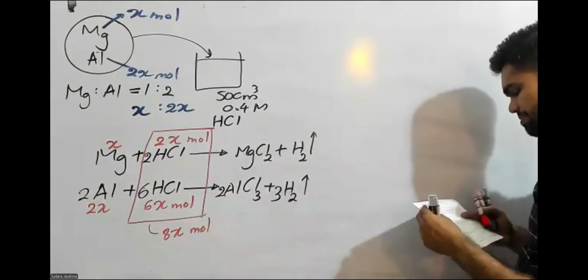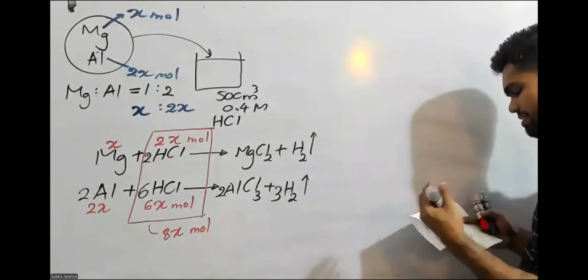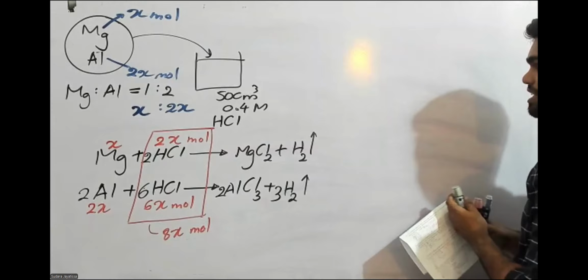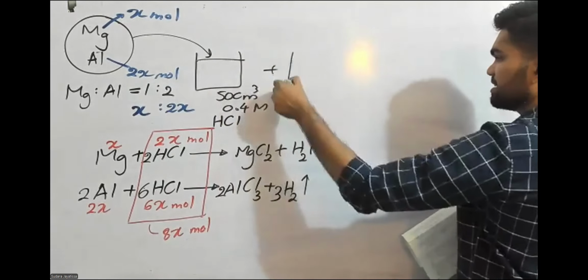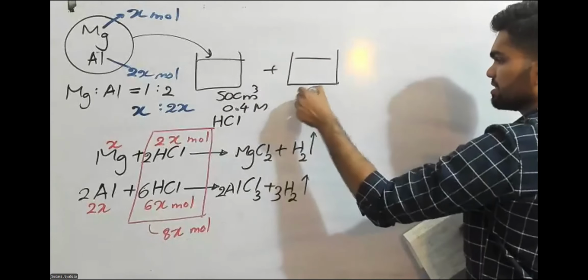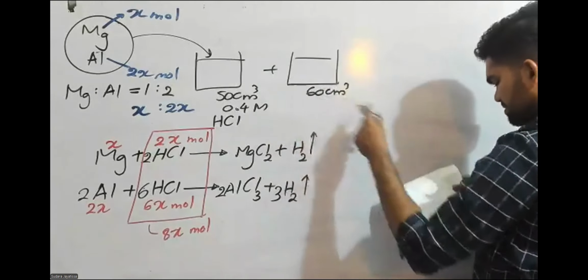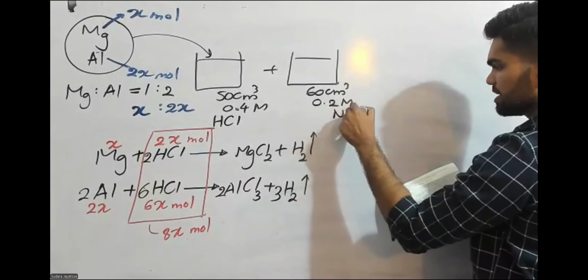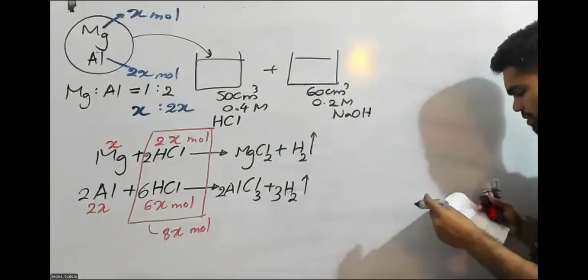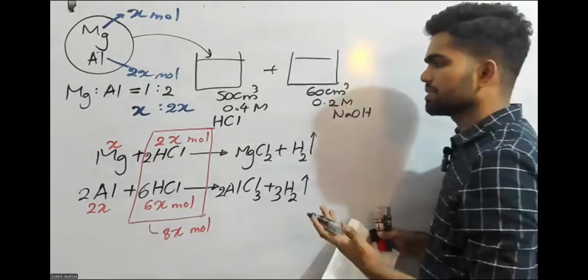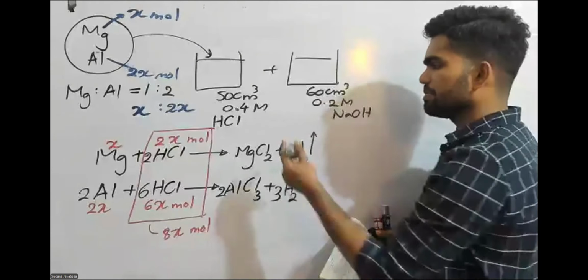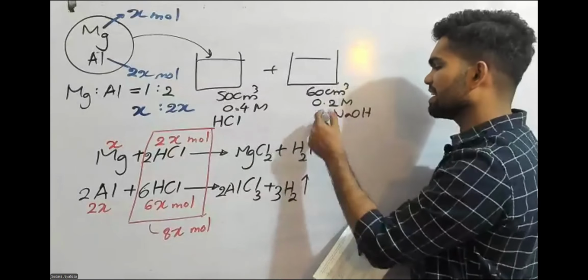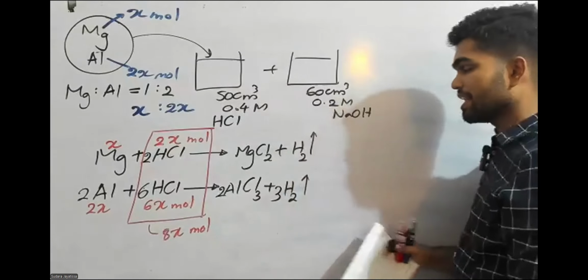And it says after the ceasing of evolution of gas, 60 cubic centimeters of 0.2 M sodium hydroxide solution is reacted. So what is there to react with sodium hydroxide? That means some HCl should be remaining, no? That remaining HCl will react with this added NaOH.